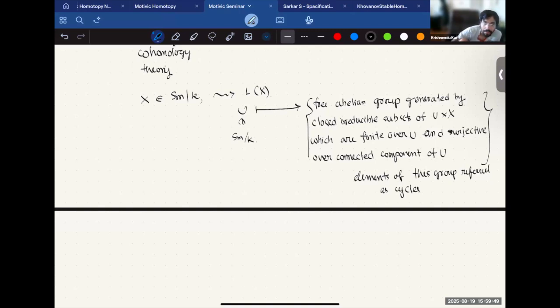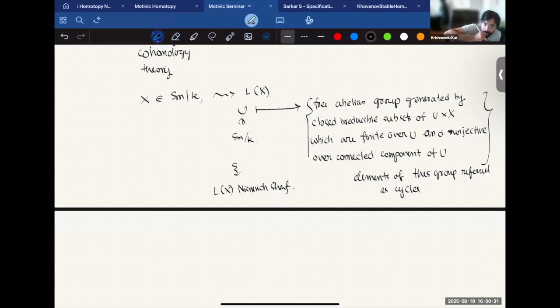And here's the fun part: your L of X is not just a functor, it turns out to be a Nisnevich sheaf. It lands in abelian groups, but if you forget the group structure, it lands in sets, and that's why it's a pointed space.